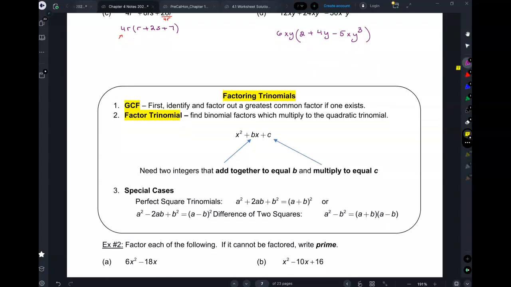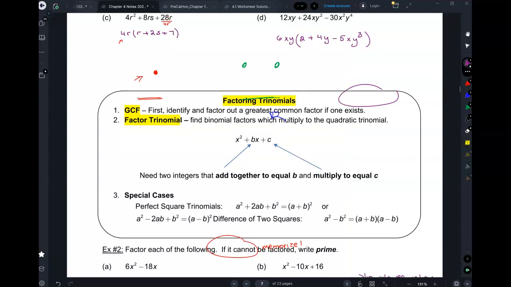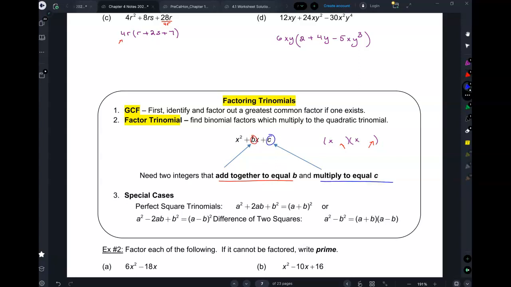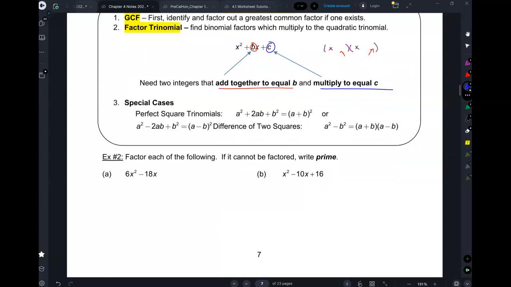Remember, when we factor a trinomial, we get the 2 parentheses, and then you put x and x. And remember how you have to come up with 2 numbers that add to equal b and multiply to equal c. You remember that? So that's what we're going to do here.